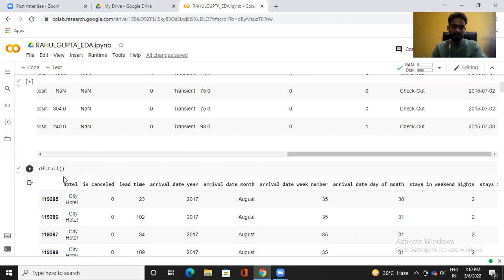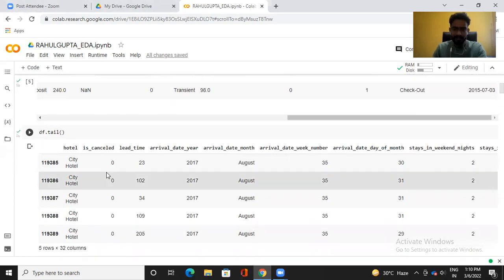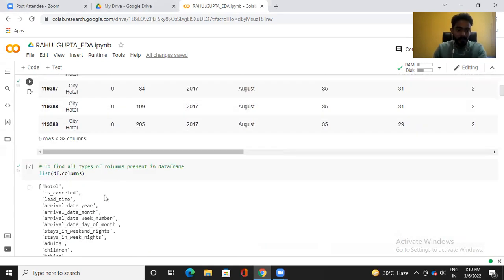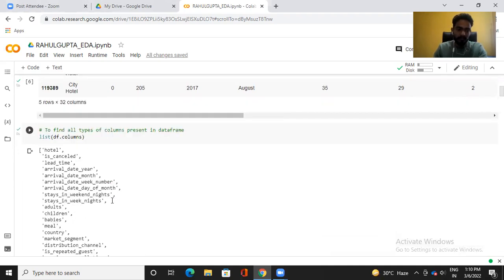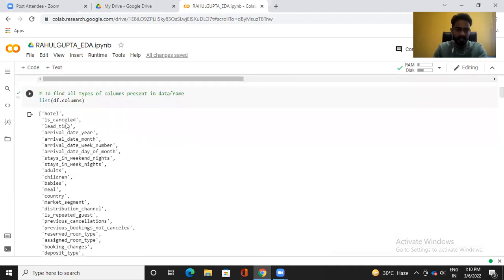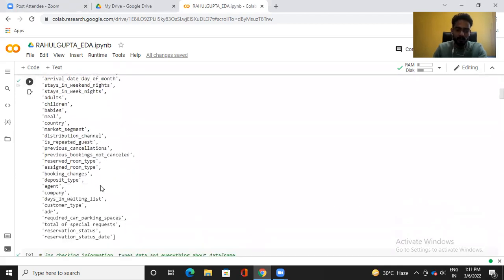Then for seeing the columns present in our data, I used list of df.columns. The different columns are like hotel, is_canceled, lead_time, children, arrival date, arrival month, and so on, all together 32 columns.